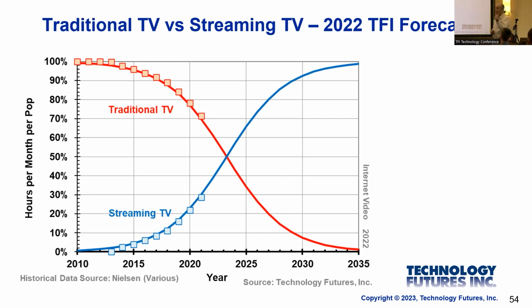Right now, traditional multi-channel TV is still predominant in terms of viewing hours, still useful, but a lot of people are streaming. Unless traditional TV stops being offered for some reason, which I don't expect, we'll probably see a curve like this. The key thing here is that streaming TV is a broadband service.